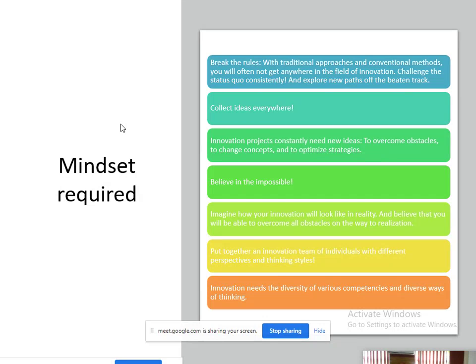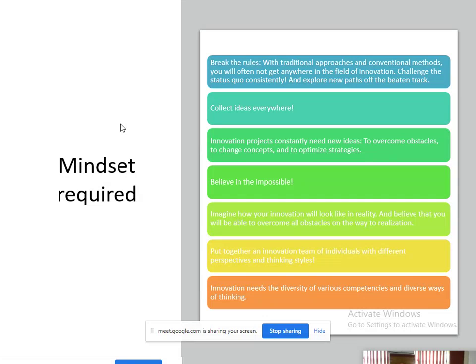That means in the innovation team, all the people of that team must have this kind of characteristic: break the rules. That means with traditional approaches and conventional methods, you will often not get anywhere in the field of innovation. You should upgrade yourself, because you shouldn't stay in the traditional approaches, and you should always try to break the rules.